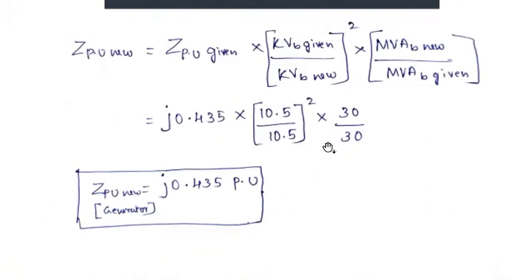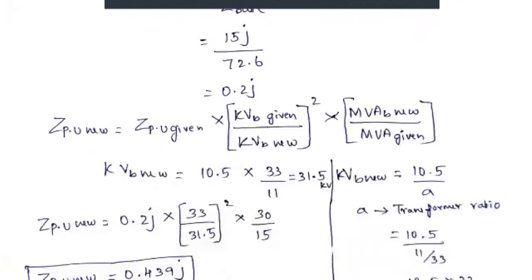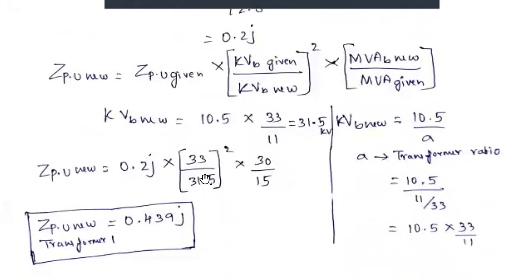So 30 divided by 15. While simplifying all this, we get the Z per unit new for transformer 1 as 0.439j.